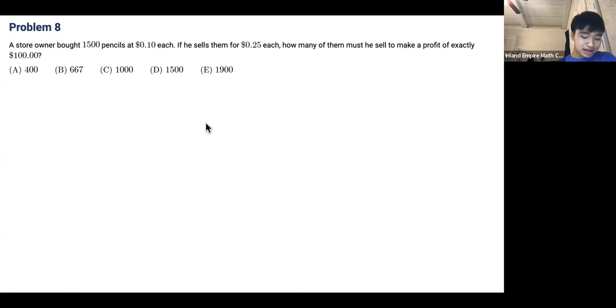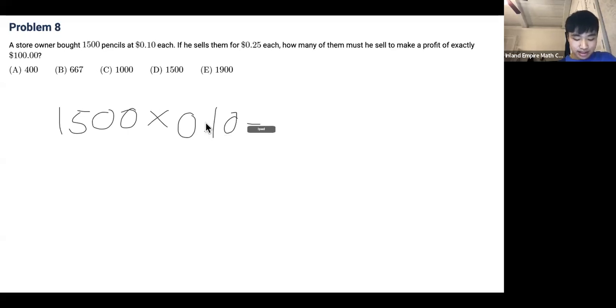So the store owner, he already bought these pencils. So that means that he spent $1,500 times 0.10, which means that he spent $150 already, right? So he spent $150 already to buy all these pencils.